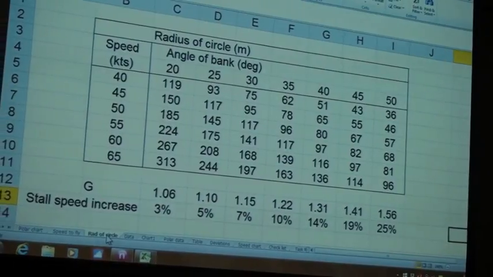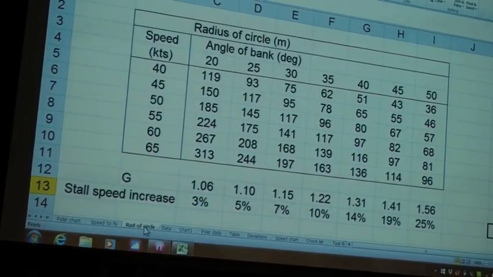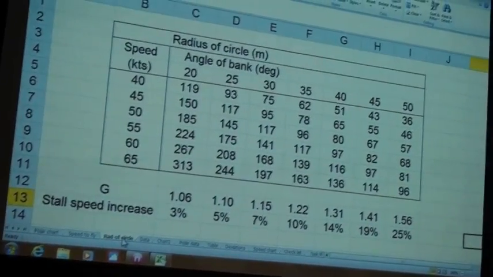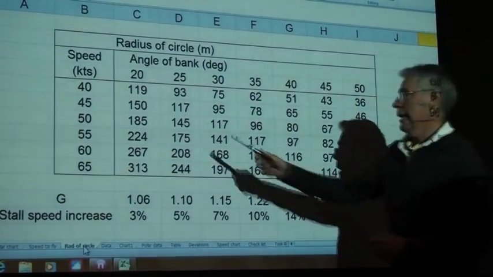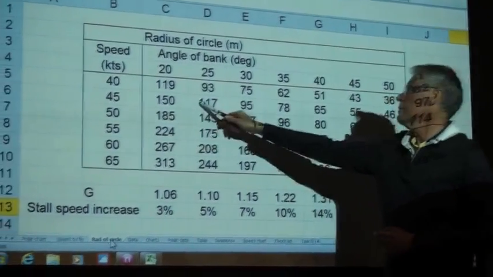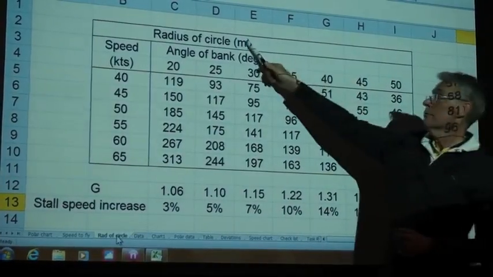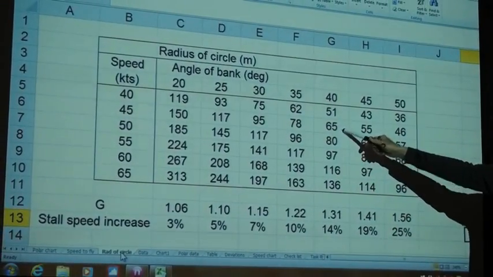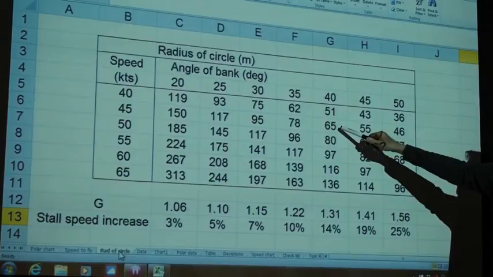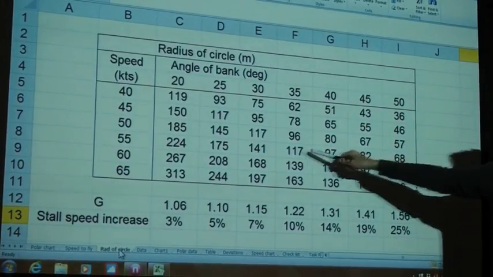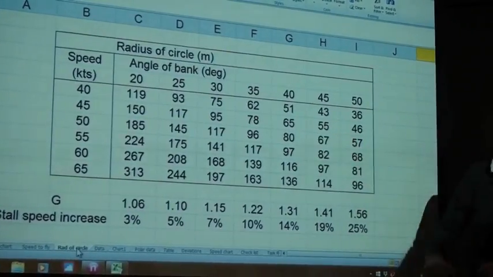This chart's interesting because the stall speed increases. It means the thermaling speed increases because you're always thermaling a few knots above the stall speed. So instead of thermaling at, say, 45 knots with a 40-degree angle of bank and a radius of circle of 65 metres, or a diameter of 130 metres, you've now got to increase the speed to probably 55 knots, and that's increasing our circle diameter by about 50%.